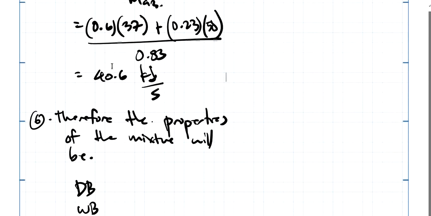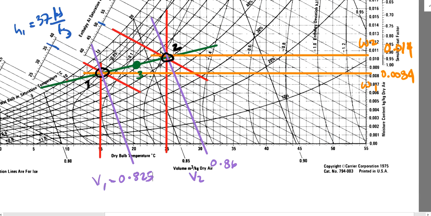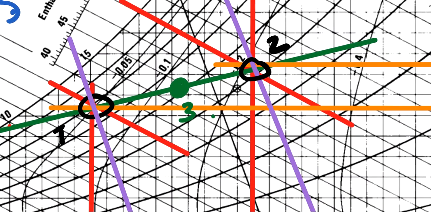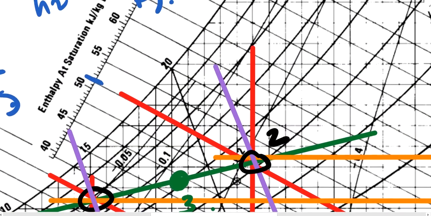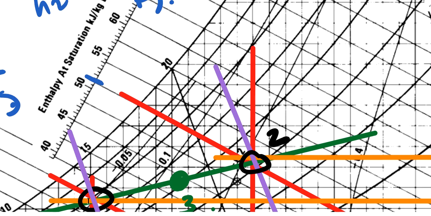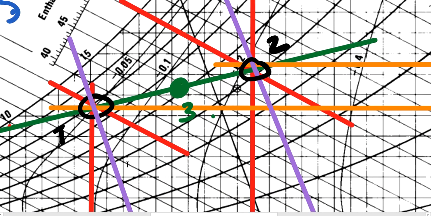We have 40.6 kilojoules, so it's somewhere right here, 40.6.